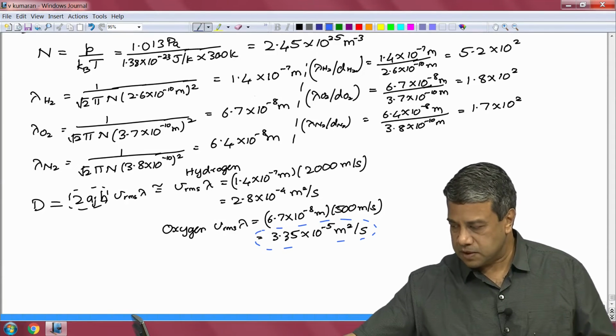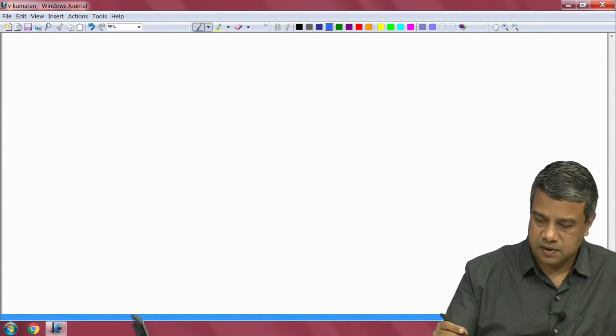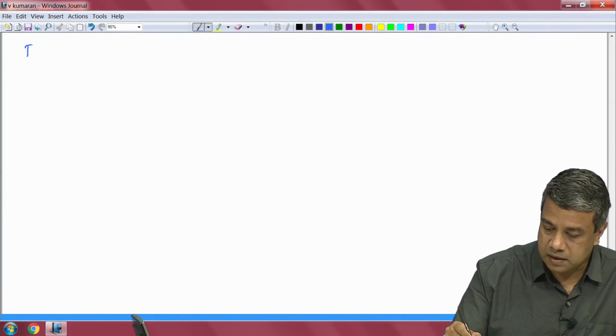Now, this was only an approximate calculation. In kinetic theory of gases, you can get a more exact estimate for the binary diffusion coefficient.